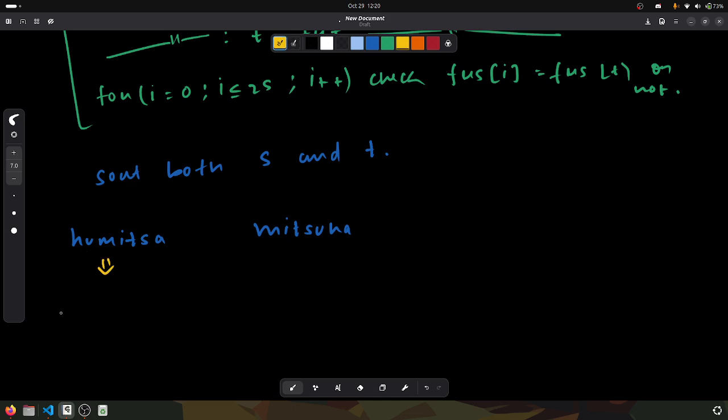When we sort this, it will look like A, E, F, G, H, H, then I, M, S, T, U. So this would be sorted, and when we sort the other, again the same will come.